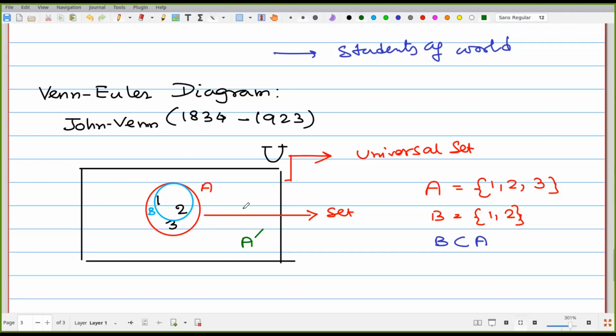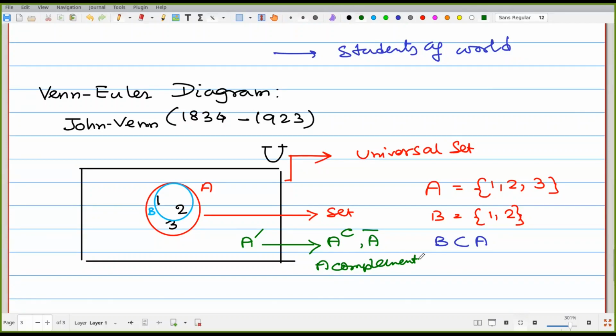According to the Venn diagram, the other portion except A, the red colored circle, all the other elements present in the universal set form the set that is A complement, written using A^C or A bar and called A complement or complement of set A.